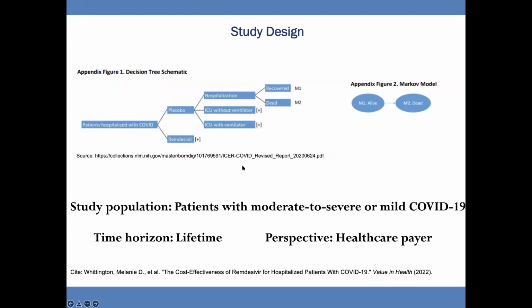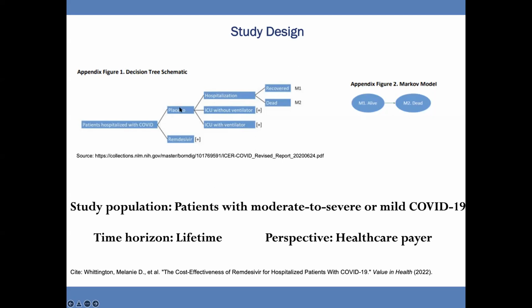In this study, the authors compared remdesivir versus the placebo, and they built a model. The model in this case is a decision tree, because it looks like a tree. Normally the model helps you see all the possible clinical pathways for each intervention.